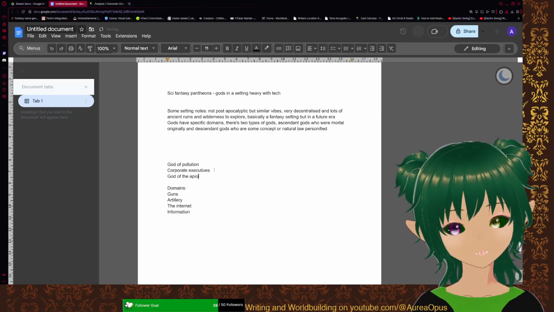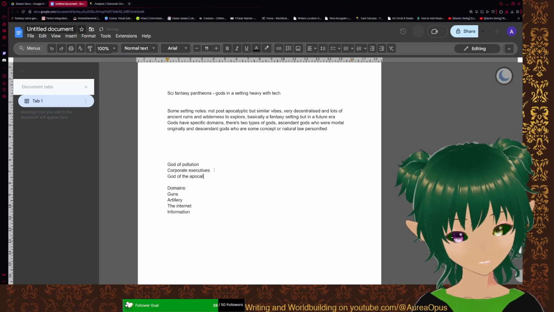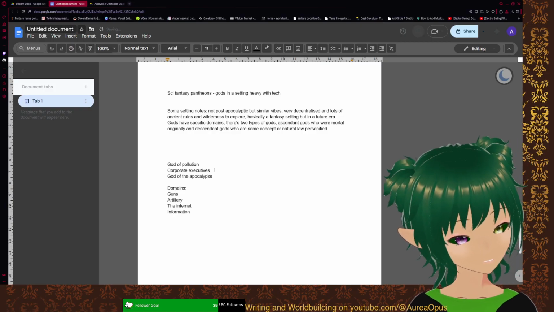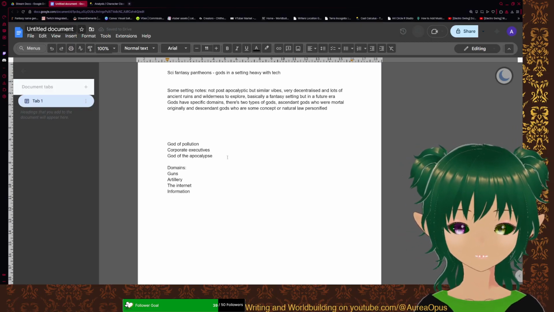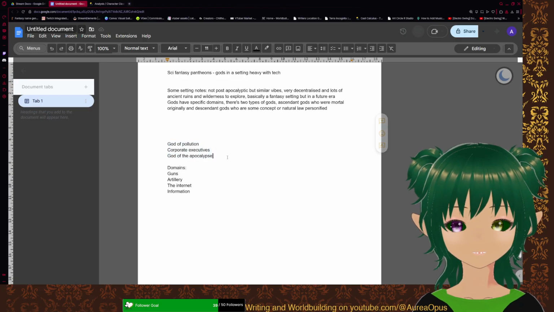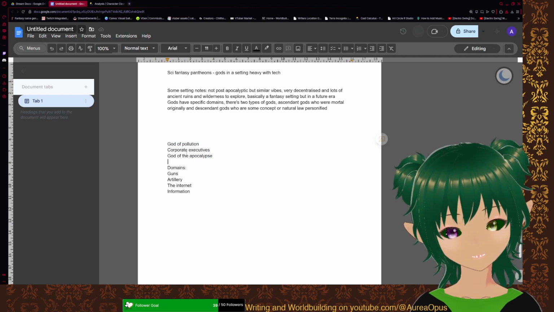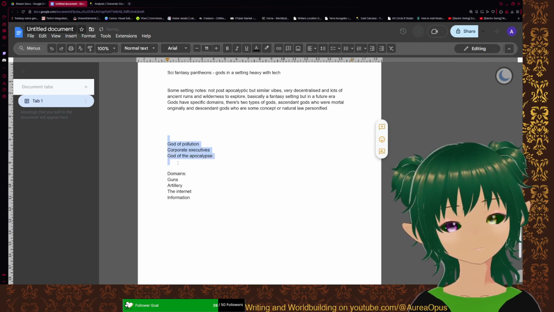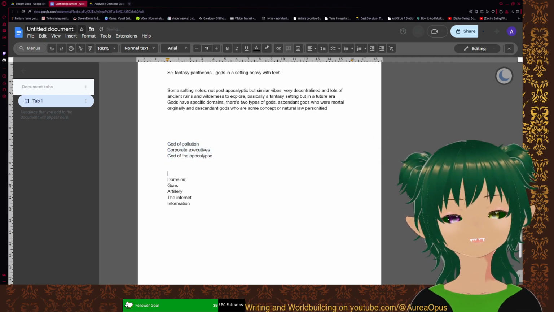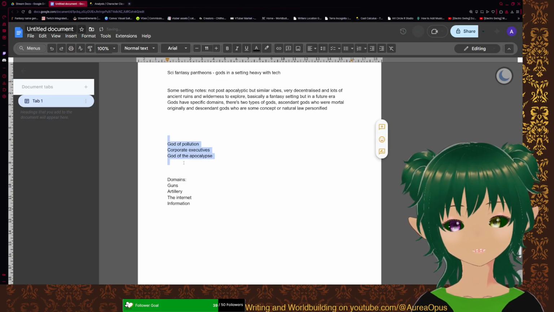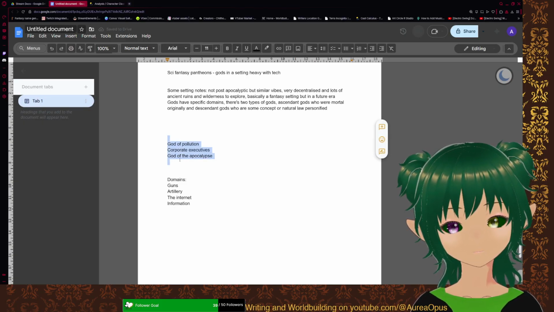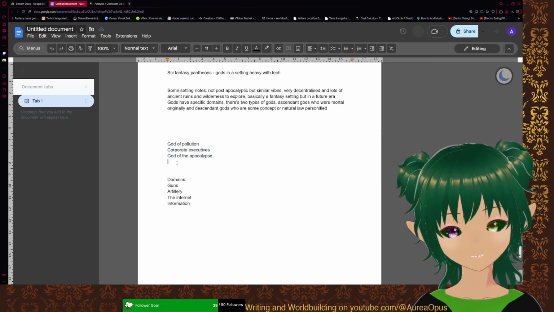The god of the apocalypse? Like, so these overarching... I'm using that language a lot, overarching and archetype, but these themes for gods will have probably multiple domains under them, right?